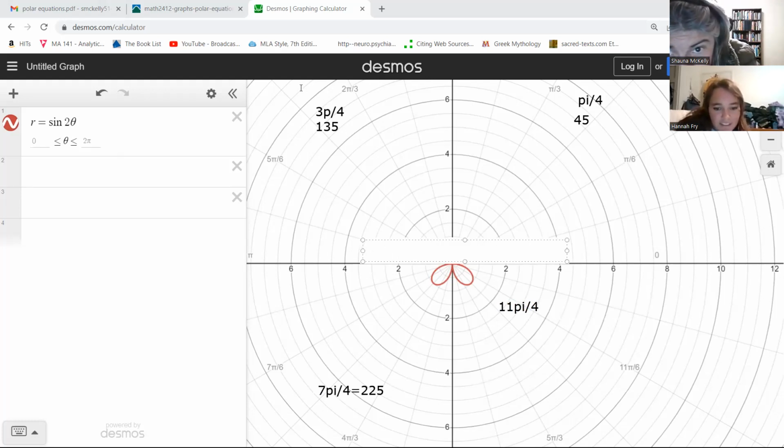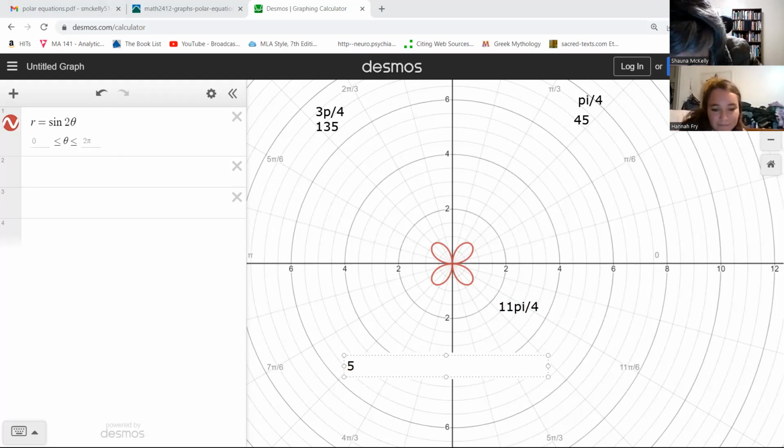That might mess me up a little bit. This is 5 pi over 4. Now, the reason I knew that, in all fairness, was because 11 pi over 4 is more than 2 pi, so I knew I had written something wrong.